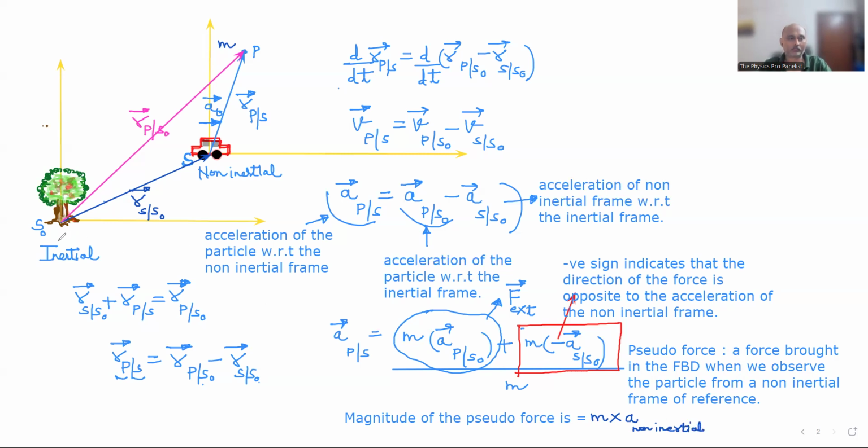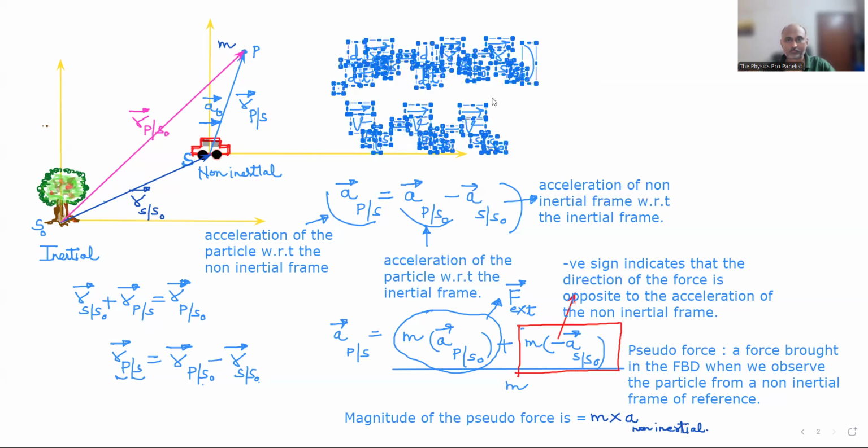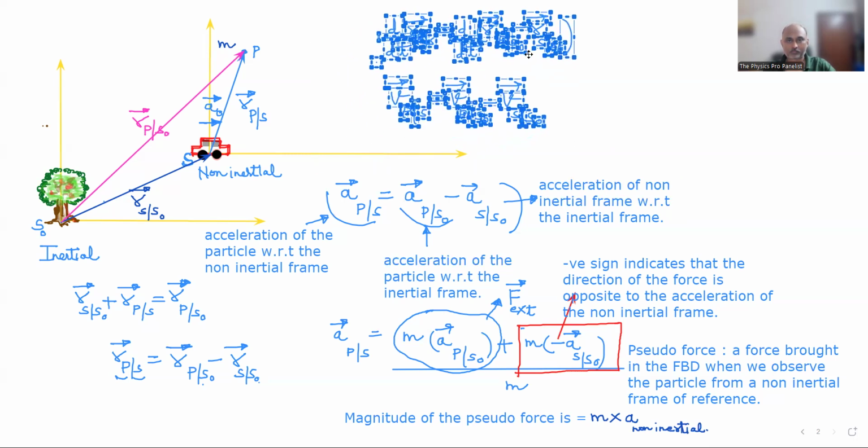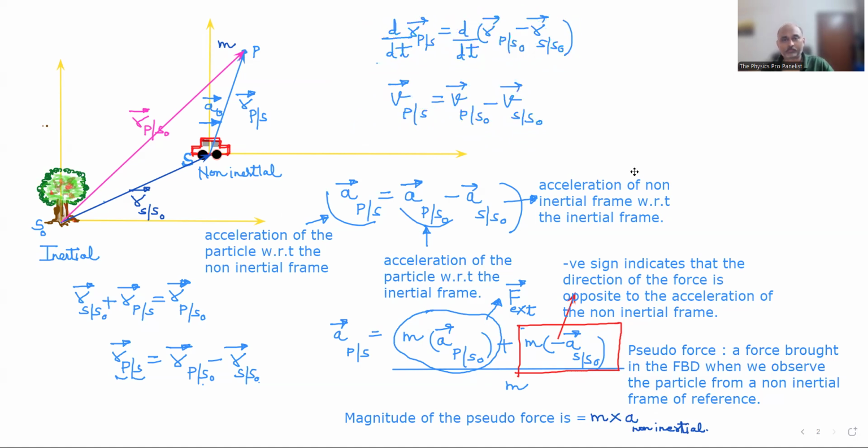Did you understand this or not? Yes, sir. Okay. Magnitude of the pseudo force is the mass of the particle multiplied by the acceleration of the non-inertial frame of reference.